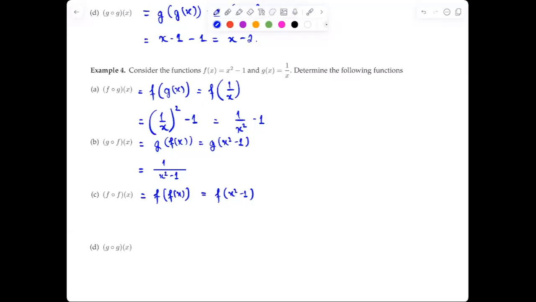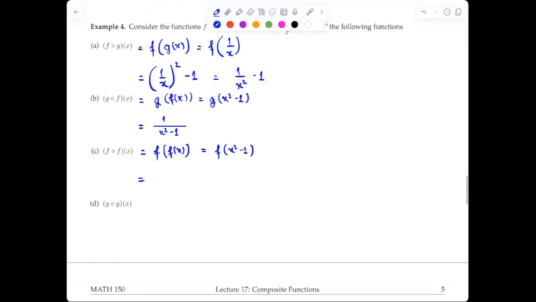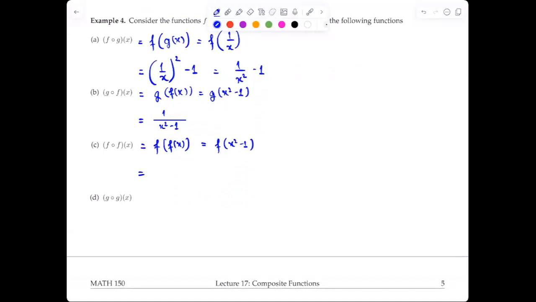Good. So now f of x squared minus 1 should give you x squared minus 1, altogether squared, minus 1. And x squared minus 1 altogether squared should give you x to the fourth minus 2x squared plus 1, minus 1. Or this is x to the fourth minus 2x squared.